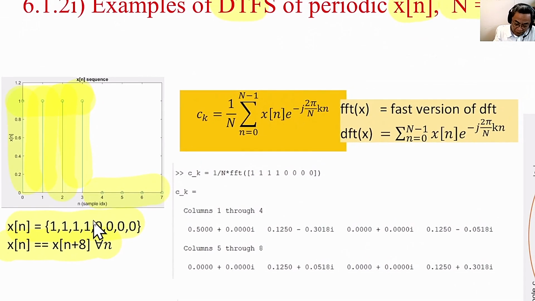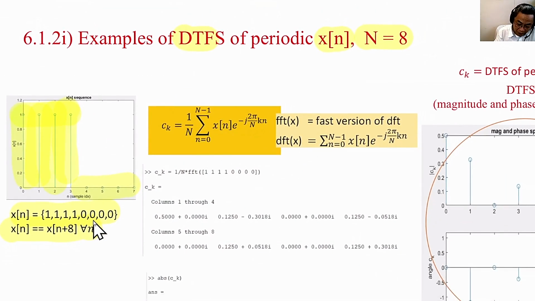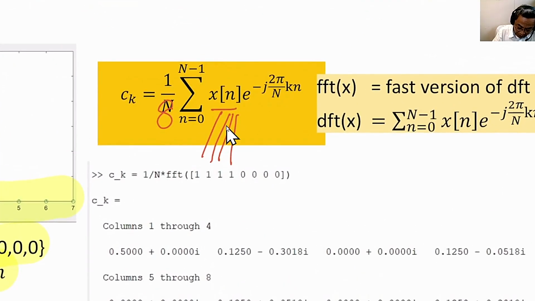and to perform Fourier transform on this, we of course take the DTFS. This is the equation of the DTFS. Basically, Ck equals 1 over N. In this case, of course, we can replace N by 8. The number x of n is x0, x1, x2, x3. So we have x0 to x3 here.